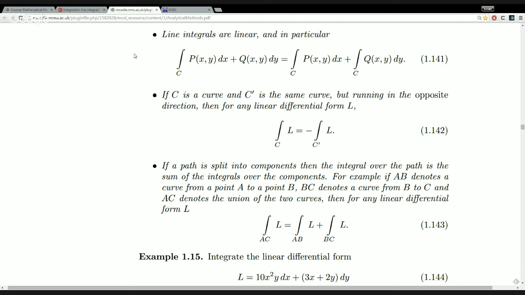And x progresses from 0 to 1 along AD. So that is going to simplify the integral somewhat.